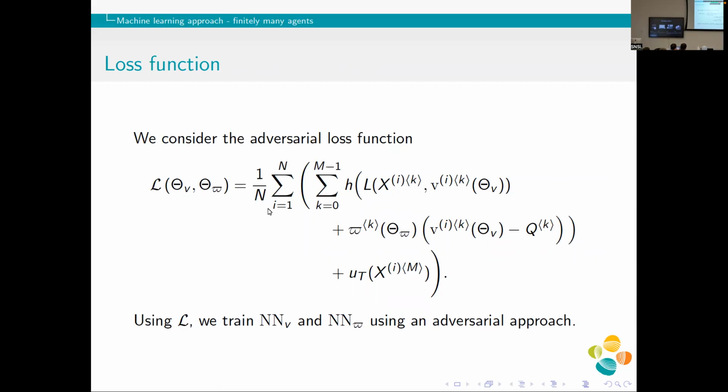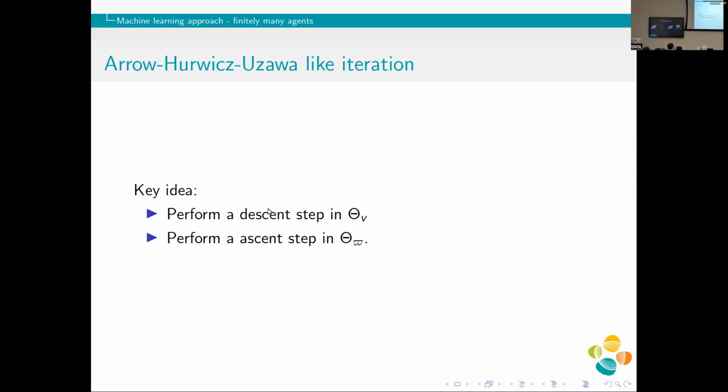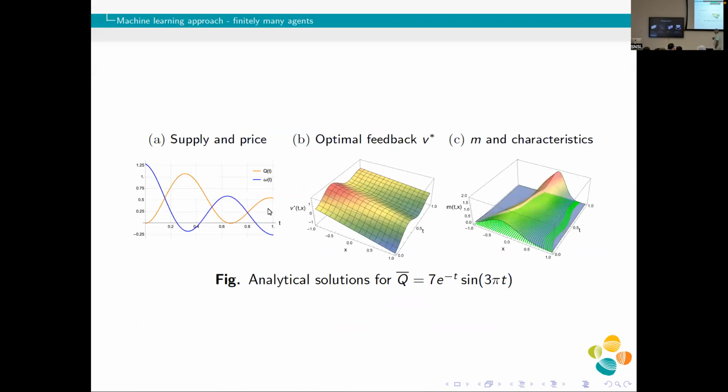One way to look at Lagrange multipliers is that you try to minimize some functional, and then there's a Lagrange multiplier that penalizes whenever your constraints are not satisfied. So this is exactly what this term is doing, and what we do is we train it using a descent step in one of the variables and an ascent step in the other variables. And let me show you some of the results that we have.